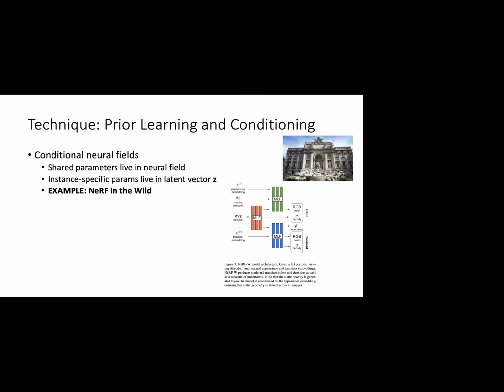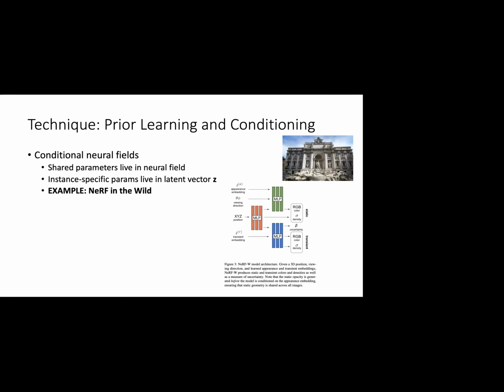NERF is actually fairly limited in its application because it assumes that your input observations are very controlled. You need to know your camera intrinsics, and not just that, but they really should be the same, I believe. You need to have the same lighting situation for all of your input images. It really wants you to have almost exactly the same scene each time.